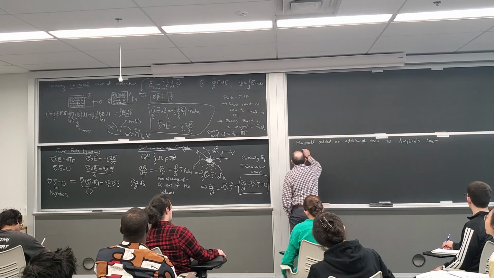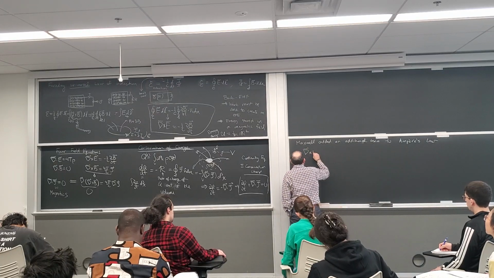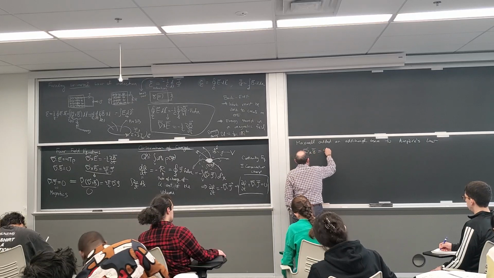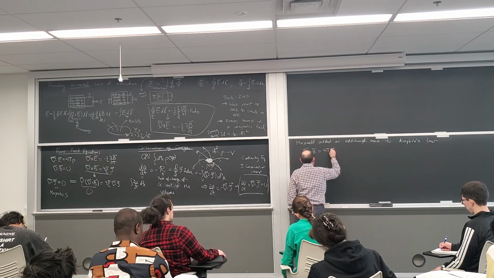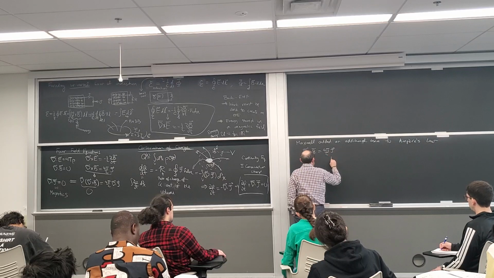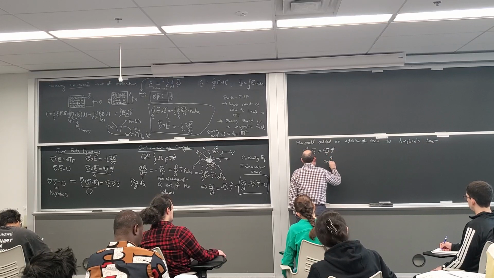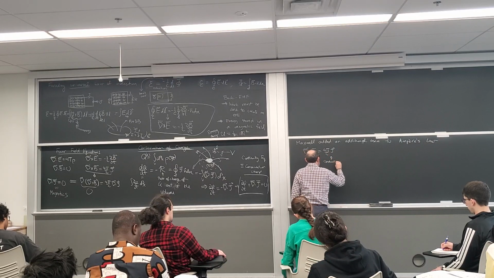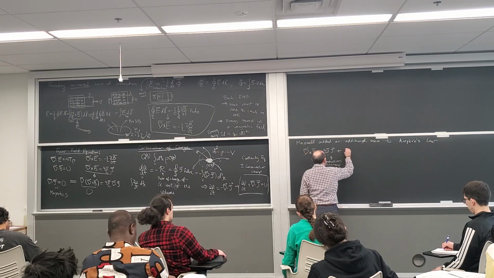Said del cross B, there's the conduction current and another term, which we'll just call JD.